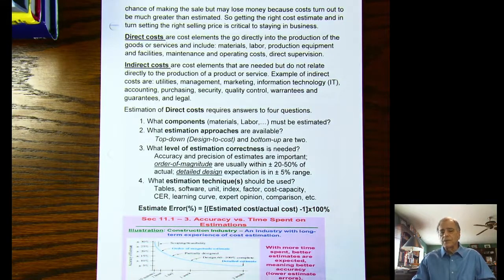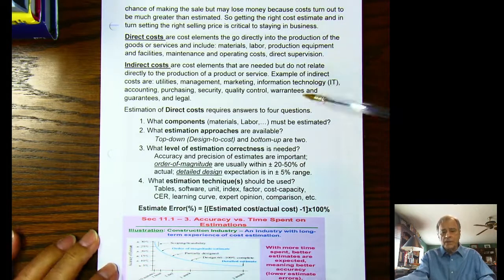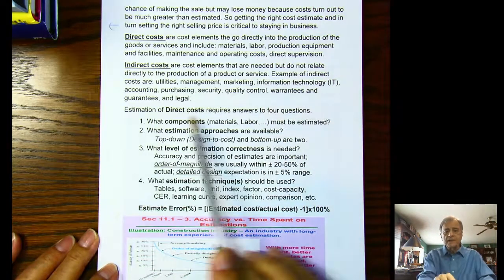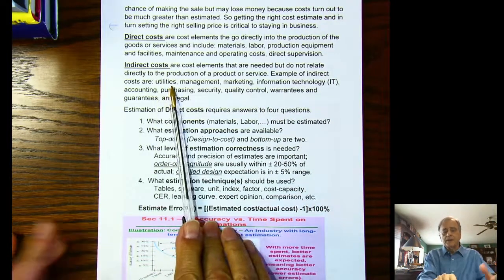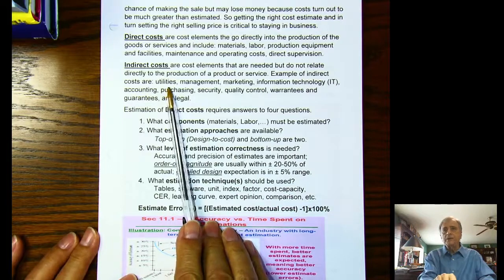First line supervision can be part of direct or indirect. Really, it's kind of on the balance there, or in between. Most people would say a first line supervisor is part of direct cost, whereas higher level supervision or plant management would be indirect. So under indirect cost categories, we have things like utilities, the electric bill, the gas bill, and so on.